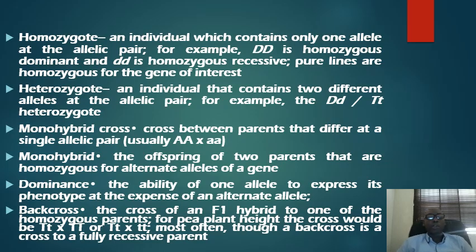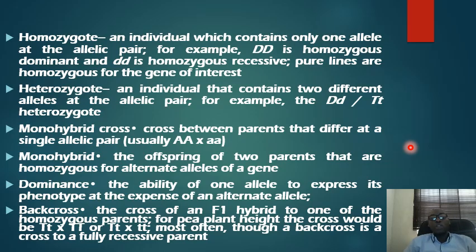The monohybrid cross is the cross between parents at a single allelic pair. Usually capital AA crossed with small aa, which is recessive. The monohybrid is the offspring of the two parents that are homozygous for alternate alleles of a gene, which is this or this.